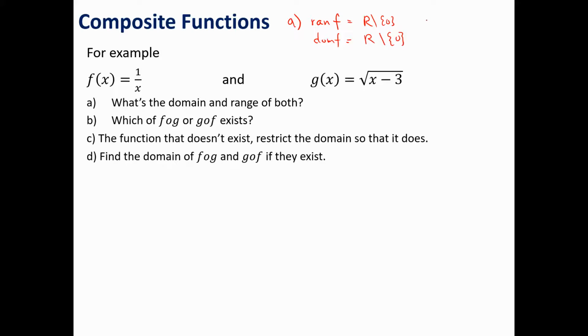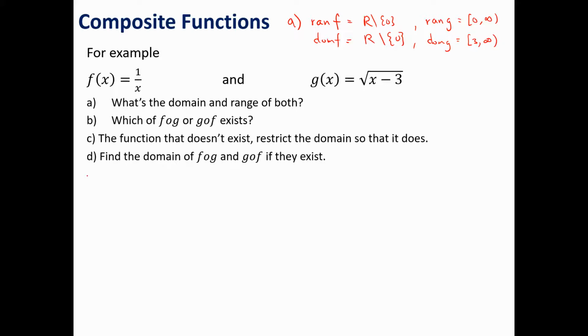And then you got range of g, which is equal to 0 to infinity, so R plus union 0. And then the domain of g, which is the square root function, is from 3 to infinity. That's part A. Anyone had difficulties with that one? No?